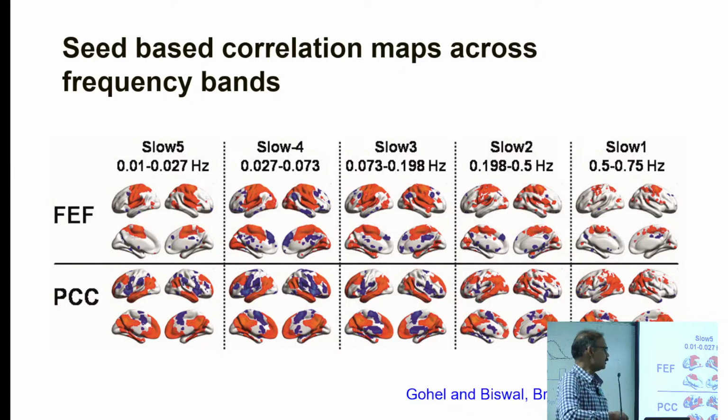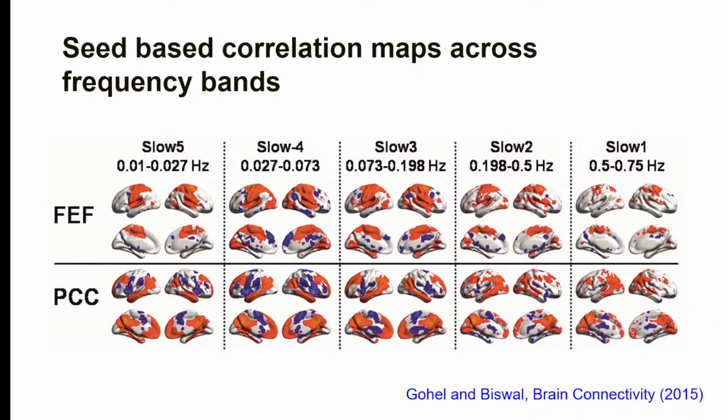Whether it is due to low signal to noise ratio, because there would be more noise in this range, or whether this represents some unique pattern, this remains to be seen.